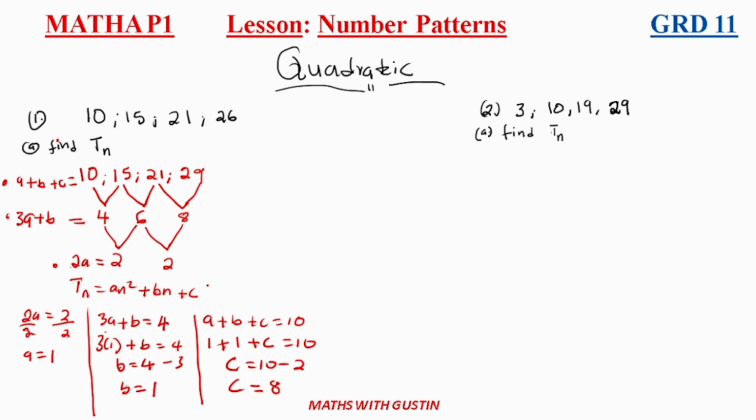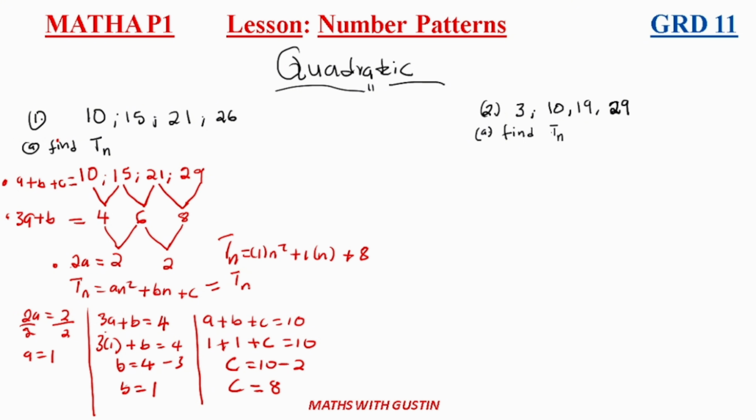Now we substitute it here in this question, where Tn is going to be equal to 1n squared plus 1n, and therefore plus 8.